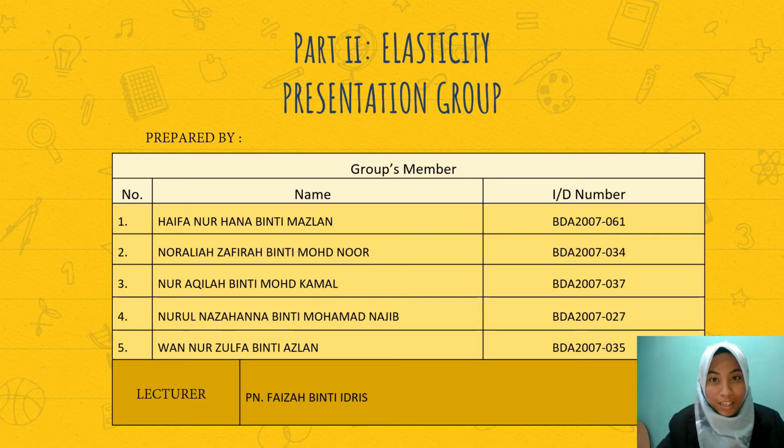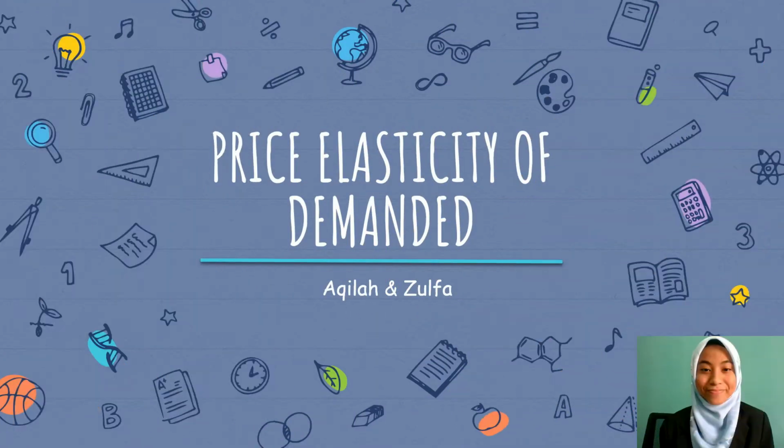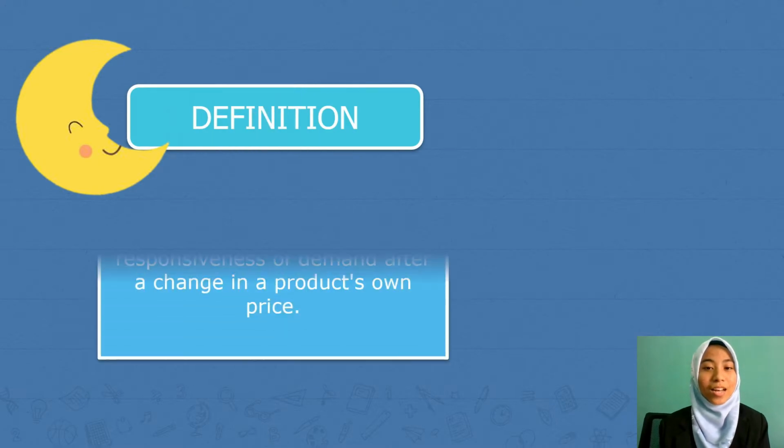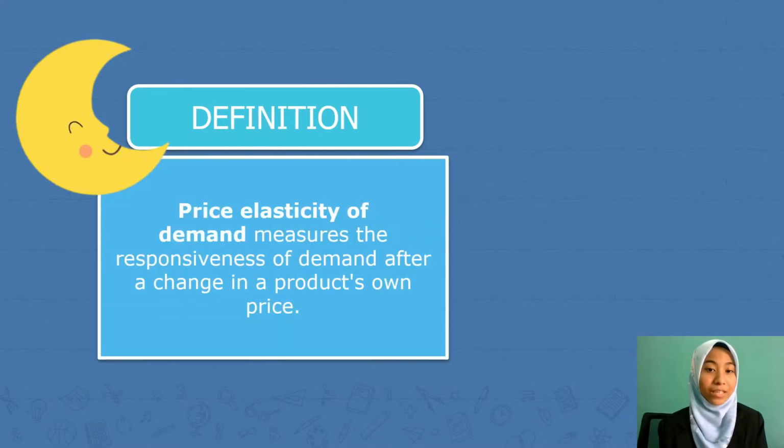In this PowerPoint, I and another 4 members are going to present about price elasticity of demand and supply. Price elasticity of demand measures the responsiveness of demand after a change in a product's own price.